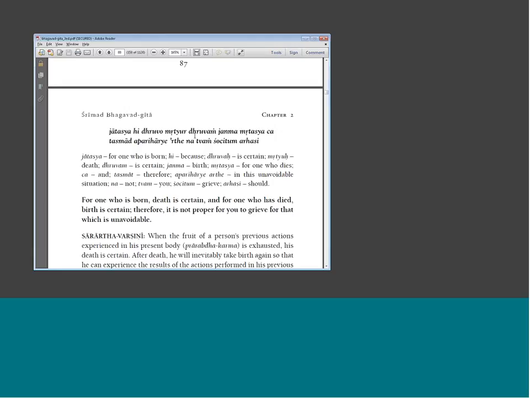So it's not something you should obsess over. Focus instead on doing proper actions that will improve your evolution toward perfection in yoga.